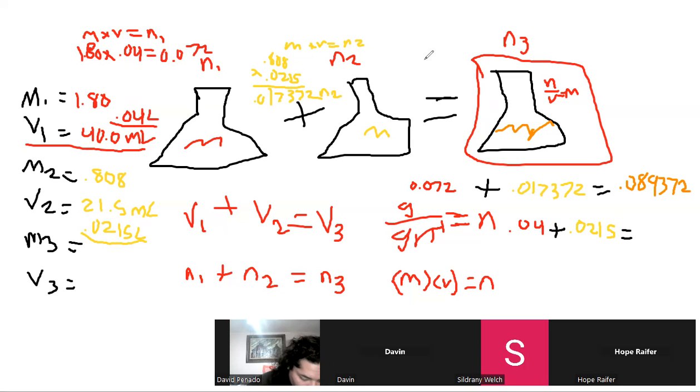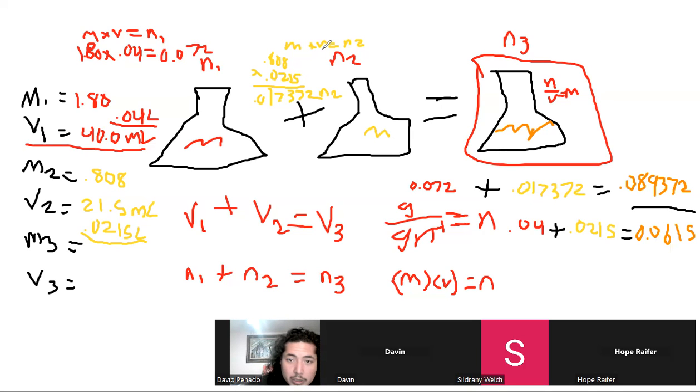That's 0.04 plus 0.0215, which is 0.0615. So you do 0.089372 divided by 0.0615.